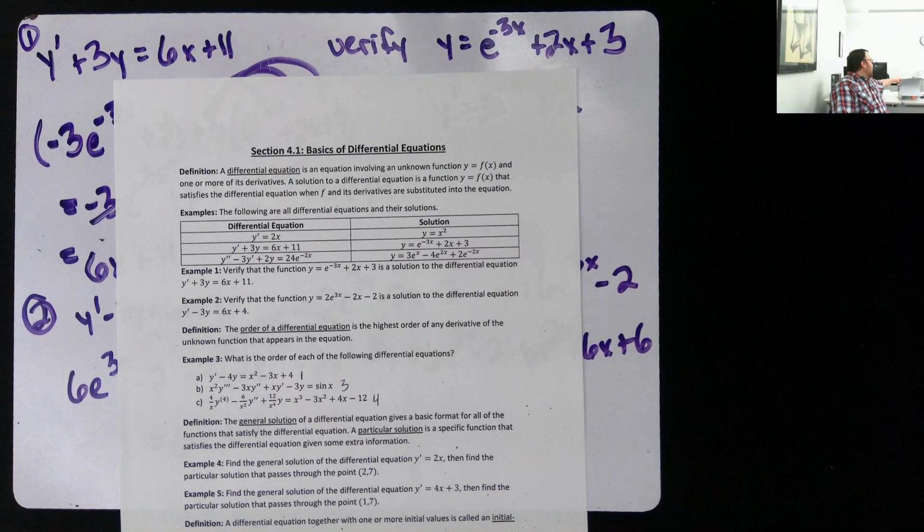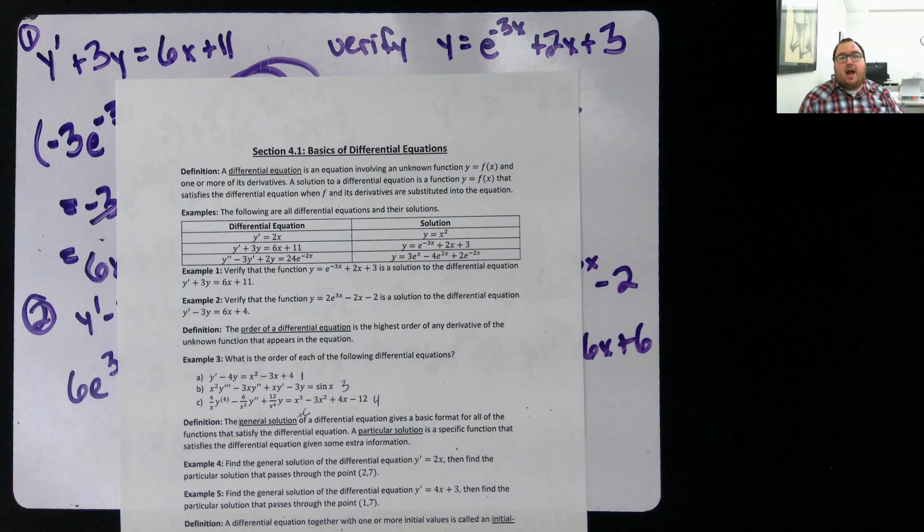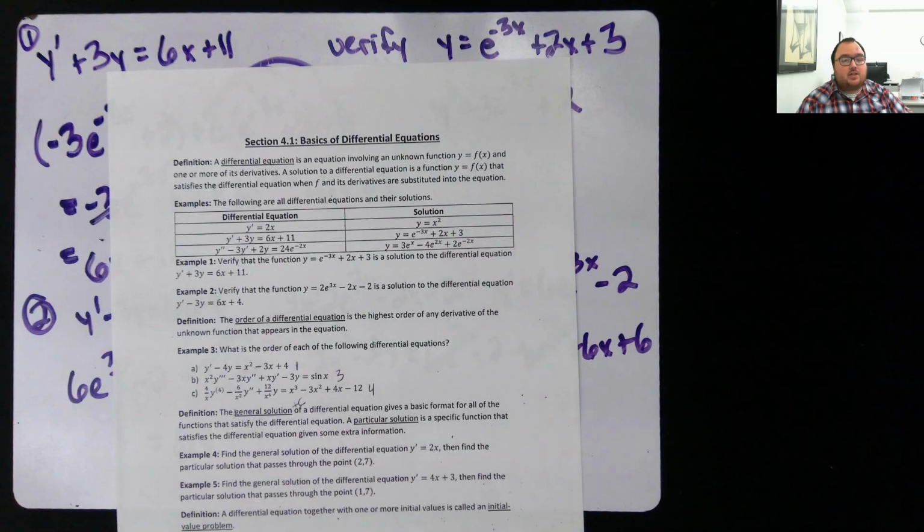You have to always put plus C, right? So the general solution is the one that includes plus C because it's a basic format for every possible y I might have with the plus C. Now, taking it one step more, a particular one is a specific function that satisfies the differential equation given some more stuff.